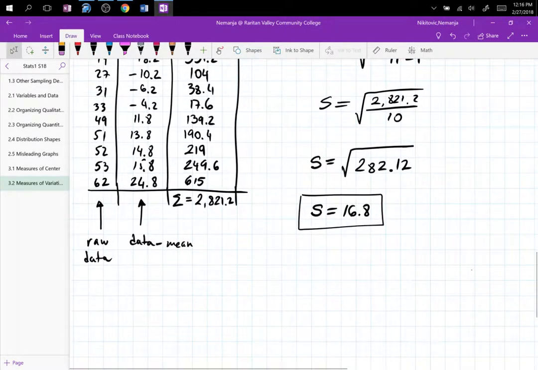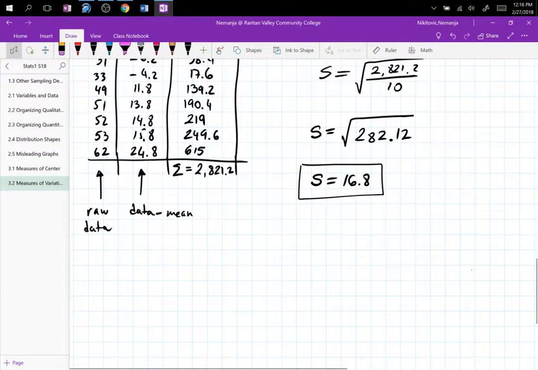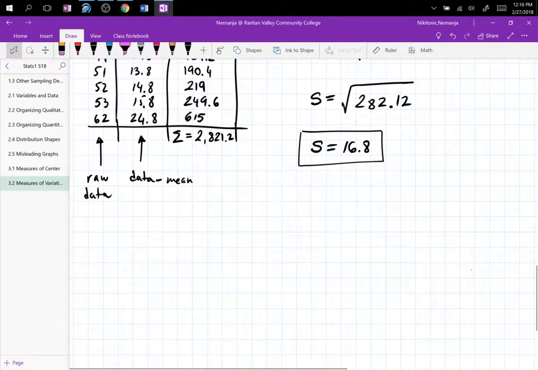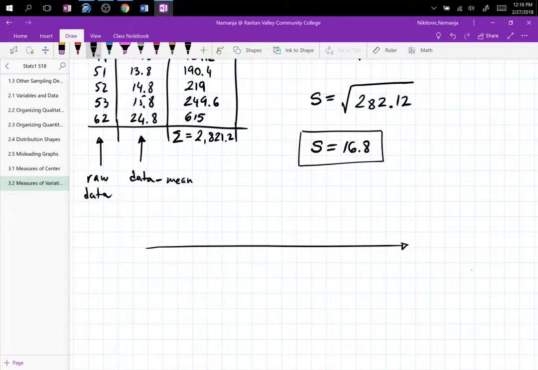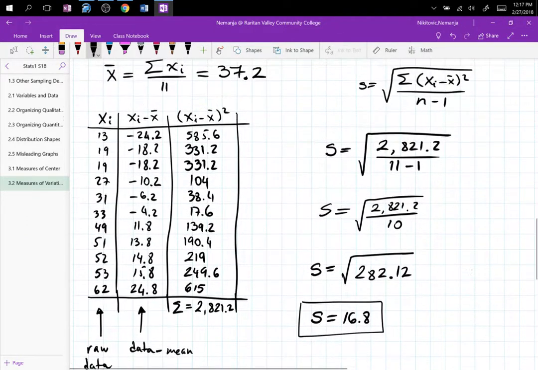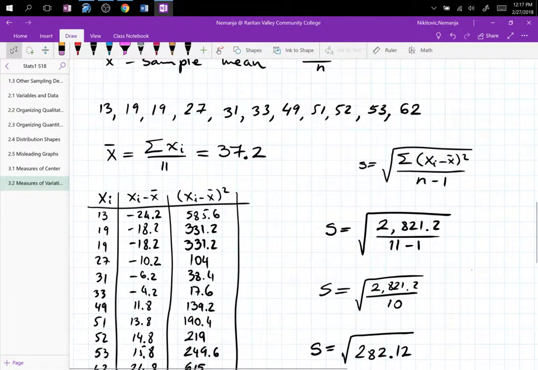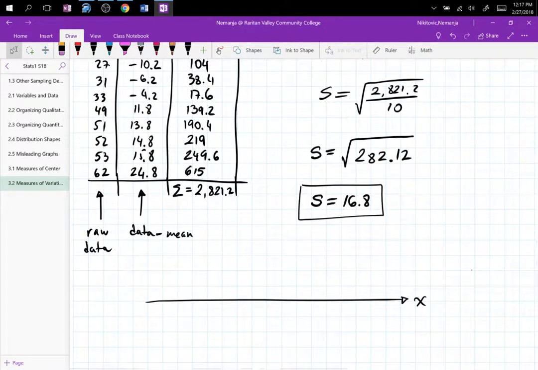And now it's time for us to arrange that 16.8 on the graph to see what that would mean. So here's the number line with all of your x's, and we know that there is a mean of 37.2.